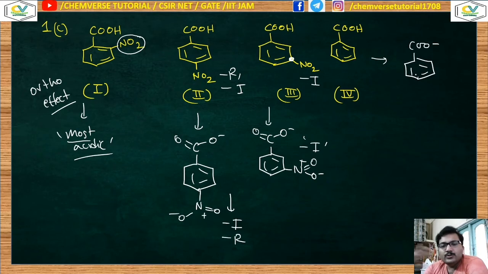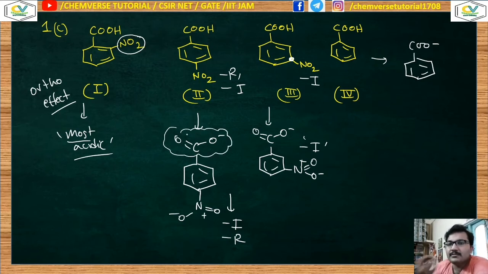Minus I or minus R groups are electron withdrawing groups. The CO2 minus is the negatively charged end of the molecule. So if an electron withdrawing group is present, it will stabilize the system. Simple thing: more electron withdrawing effect implies more stability.